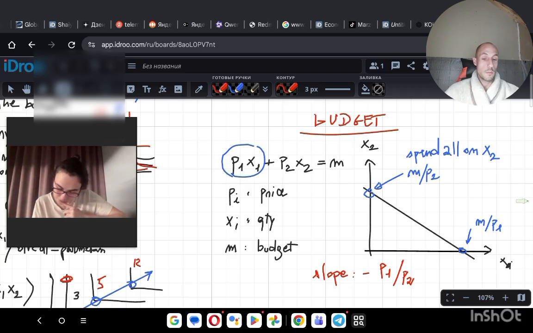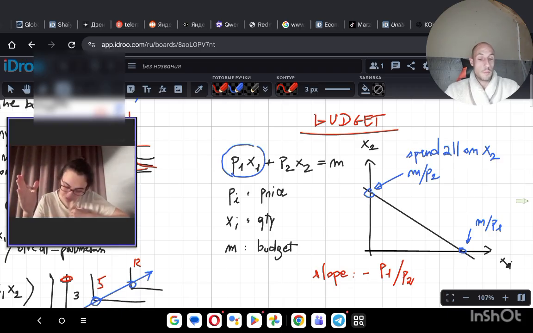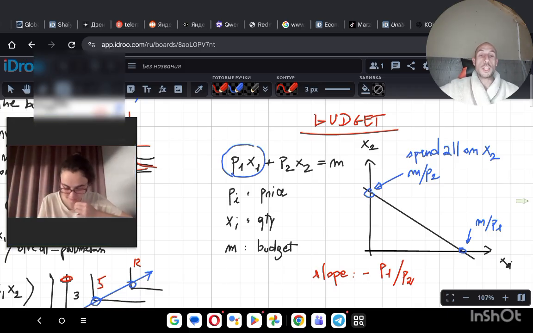So our angle is the price of one product divided by the price of the second product. Exactly. This is the market trade-off, because we are talking about prices.